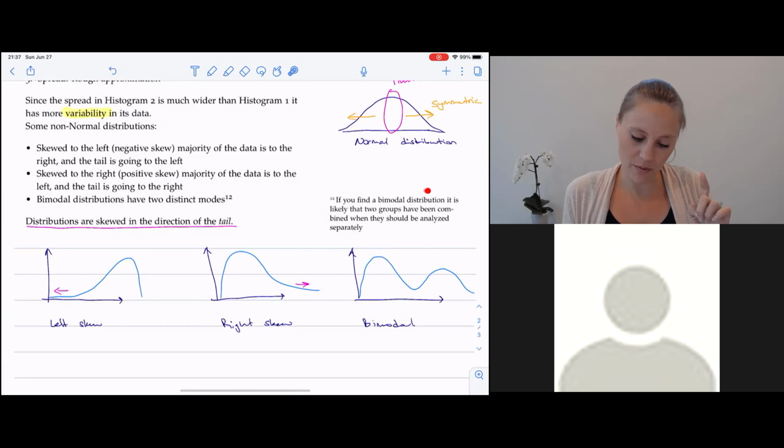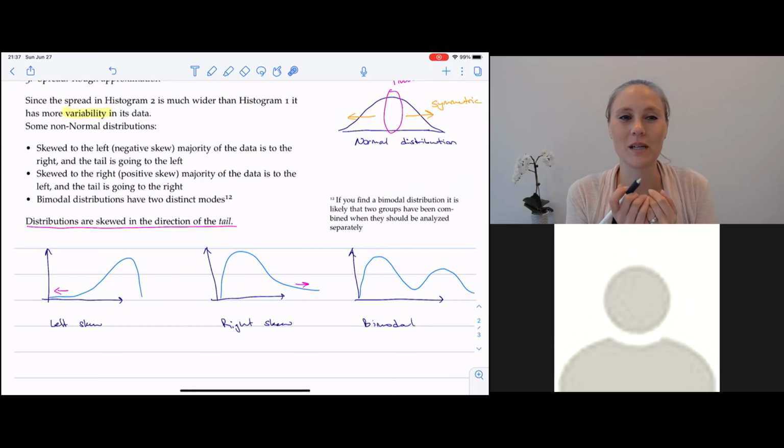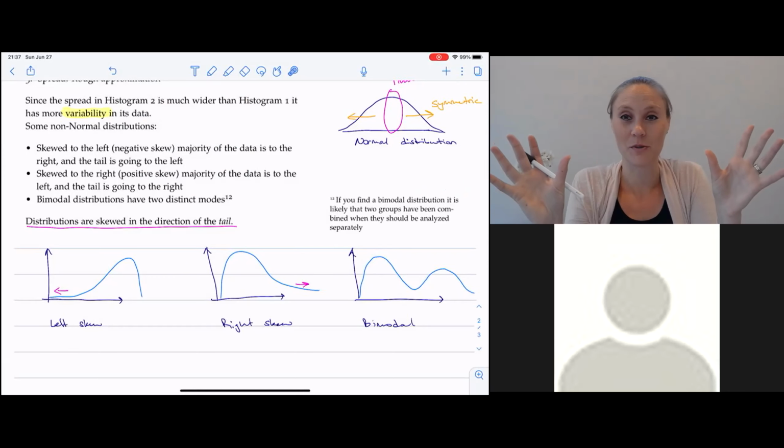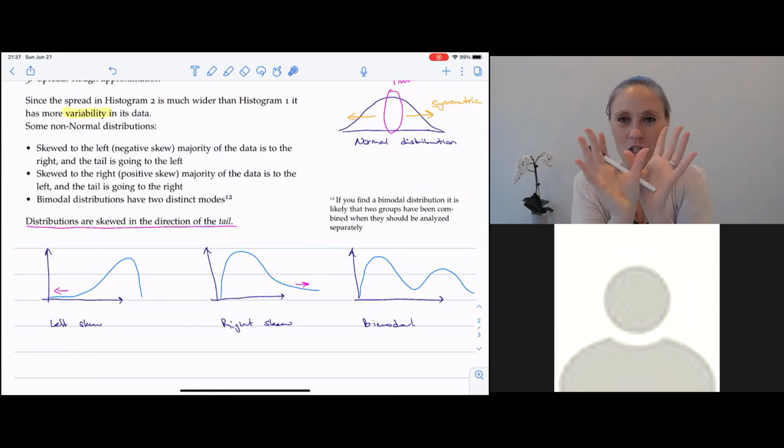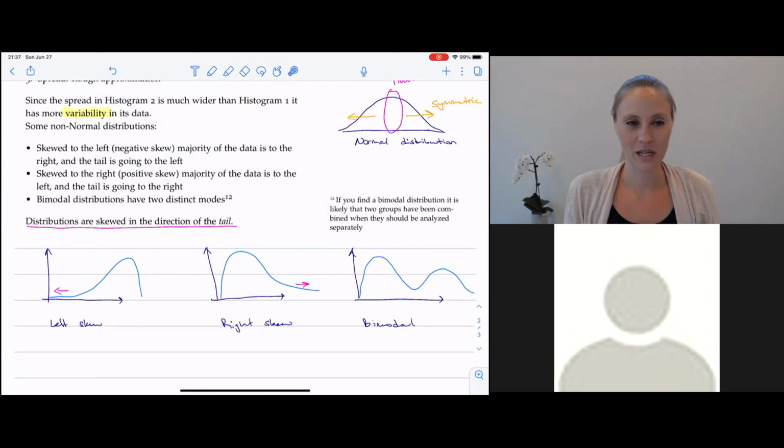If you find a bimodal distribution, it's likely that two groups have been combined, and maybe they should be analyzed separately. If I had one of those cool TV whiteboards, I could split these, and now you have two normal distributions, kind of smushed together here. I have no idea how I could do that, but you get the idea.